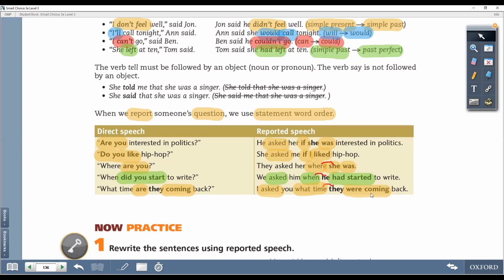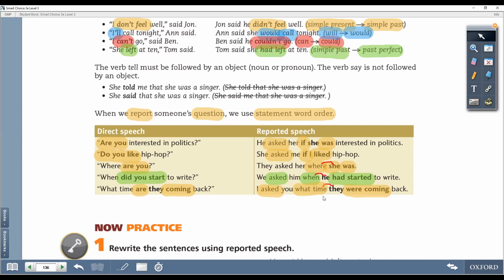Present continuous becomes past continuous. Okay. And I'm just marking here that when we report a question, we don't report in the question format. We can even use the same question word, but we change the sequence of the sentence. It becomes a statement, not a question anymore.